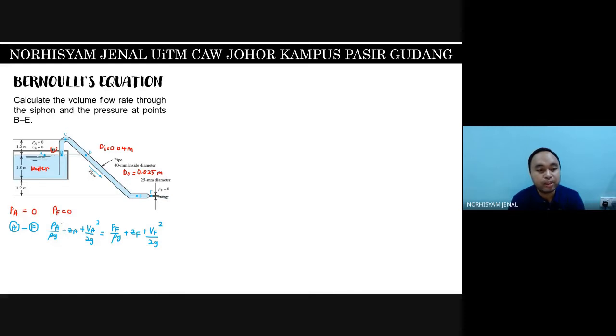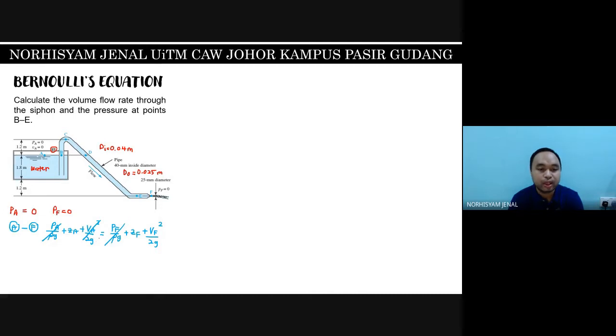So PA should equal 0, and PF should equal 0 also. Then we have VA square. Based on the conditions that we have, since VA is at the surface of a liquid, this should be equal to 0.